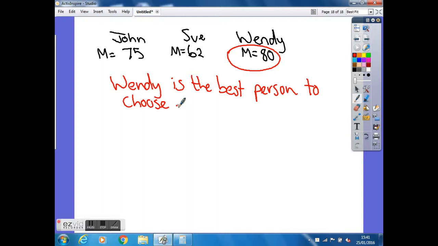Now, we're going to go on to looking at explaining ranges, and that's a little bit different and slightly more complicated to explain. So, if we take these same people in the quiz scores, we'll look at what the highest and lowest scores were over the number of weeks again. So with John, we're going to say the lowest that he scored was 60, and the highest that he scored was 90.